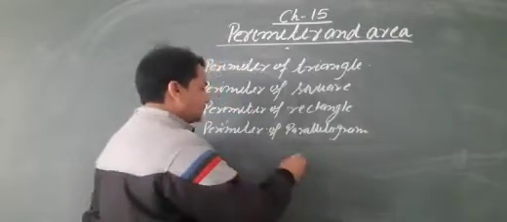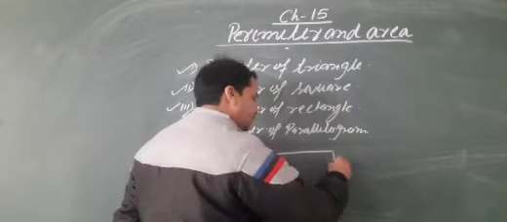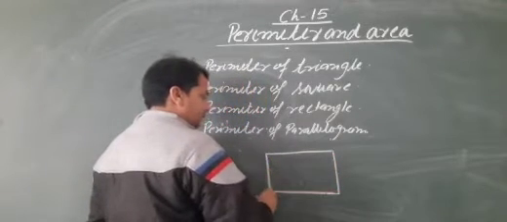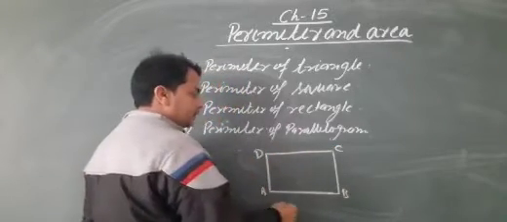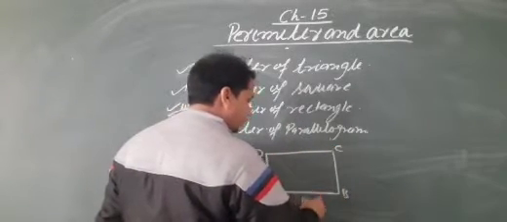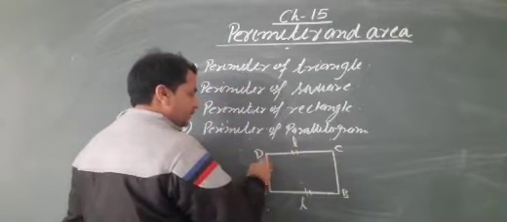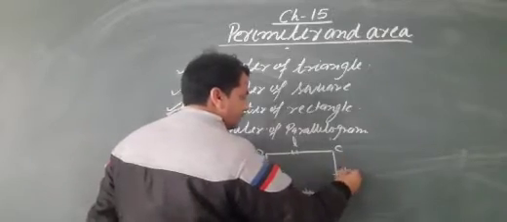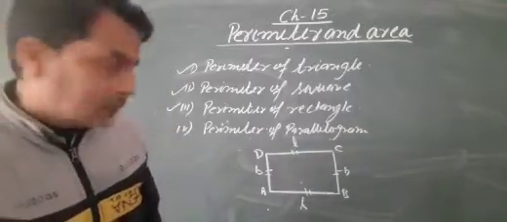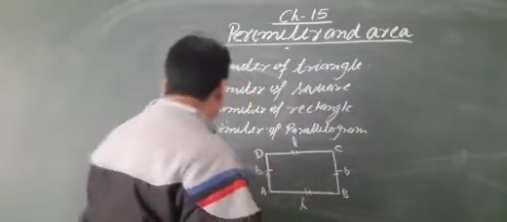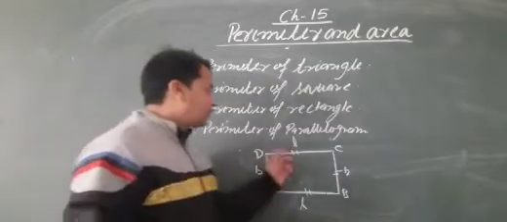It is a type of quadrilateral. Suppose the length of the rectangle is L and the width is B, with opposite sides equal. The perimeter P is the length of the boundary.